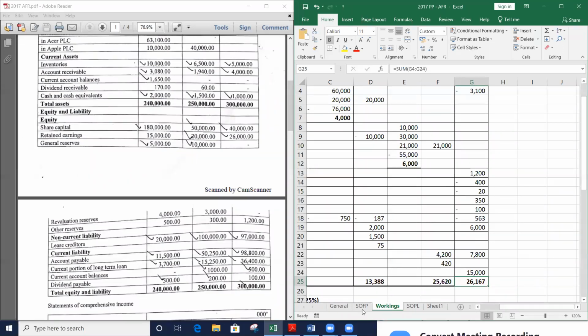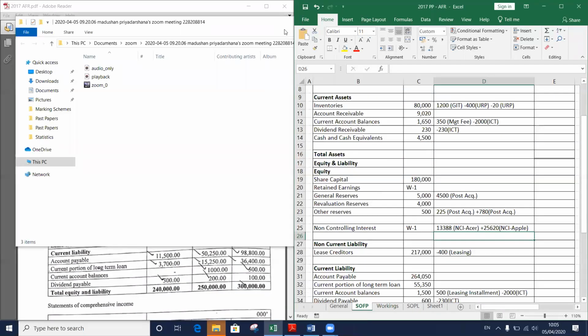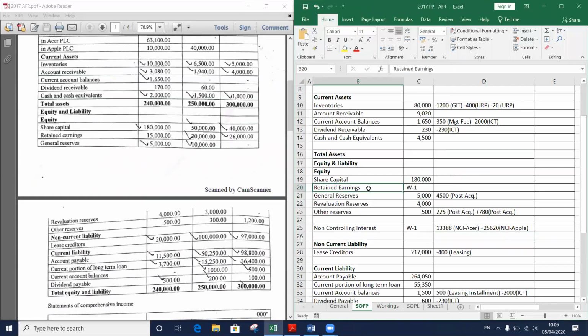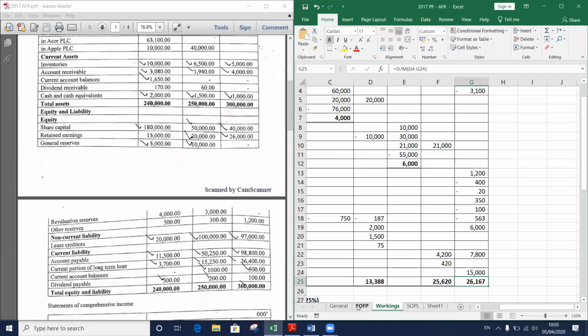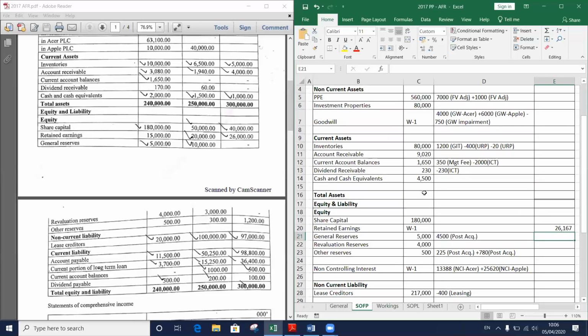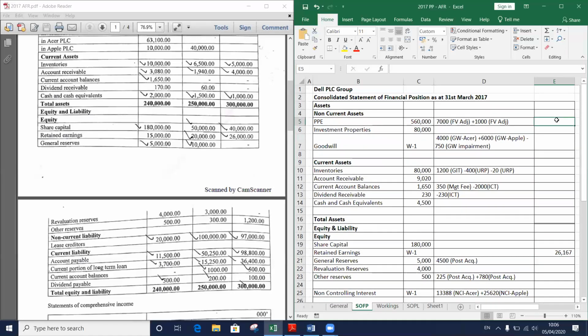Group retained earnings, 26,167. We have taken 26,167 directly from the working. So now we can finalize these things.